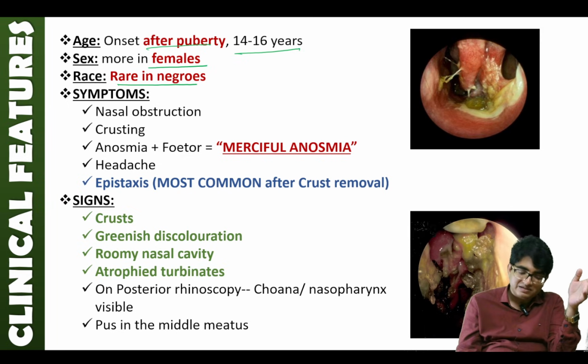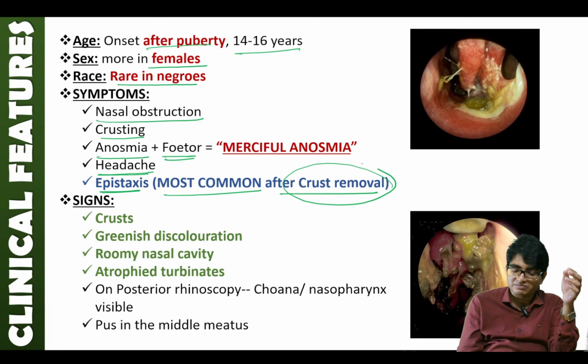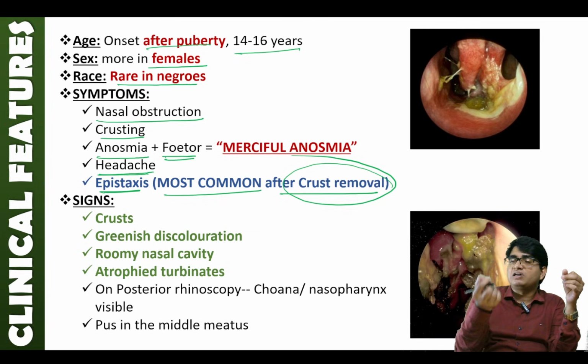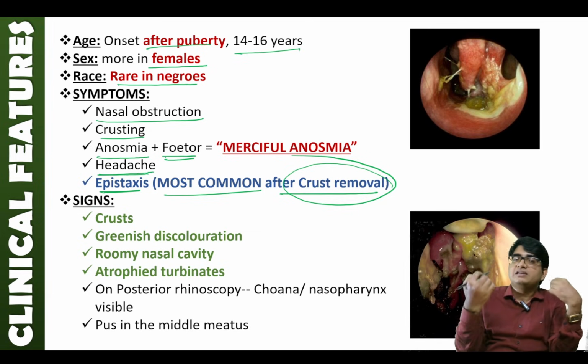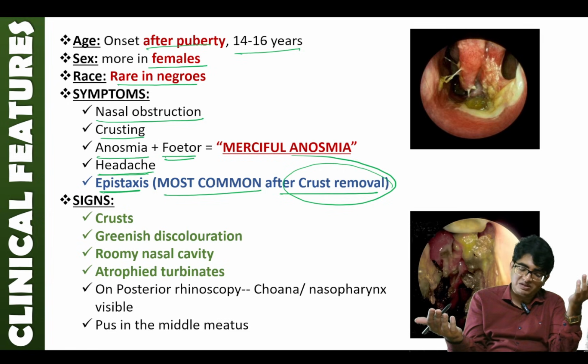Nasal obstruction, crusting, anosmia, foul smelling nasal discharge or fetor. Patient may also complain of headache. Sometimes patient may also complain of epistaxis. Most common is after crust removal. Obviously the patient is trying to remove the crusts on her own and there is bleeding. This is the most common cause of bleeding from the nose, correct?